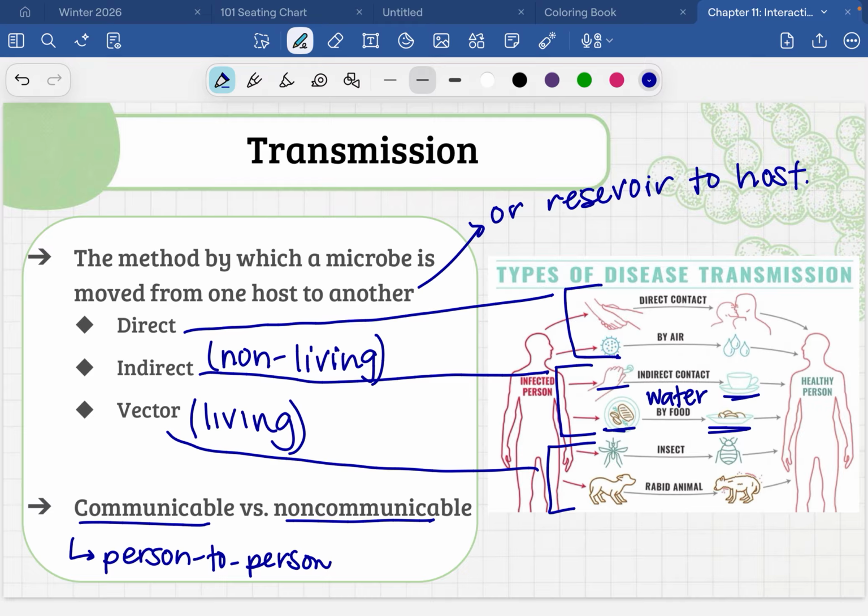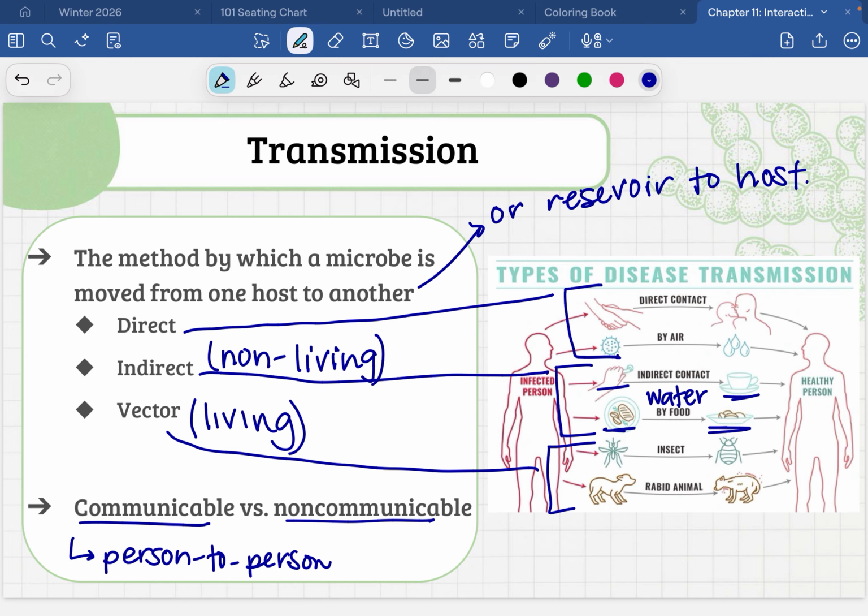Okay, so most of the diseases that you are thinking about, like if I ask you to think about an infectious disease, and remember, we're only talking about infectious diseases here, you are probably thinking of communicable diseases, something that can be spread from person to person at all, right?